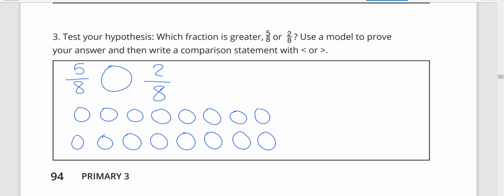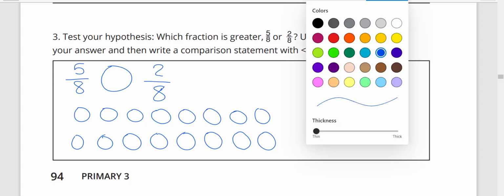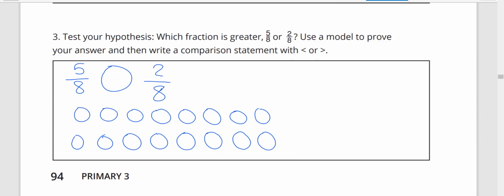The first fraction has numerator 5, so we must shade 5 dots: 1, 2, 3, 4, 5. And for the second fraction, the numerator is 2, so I shade 2 dots.